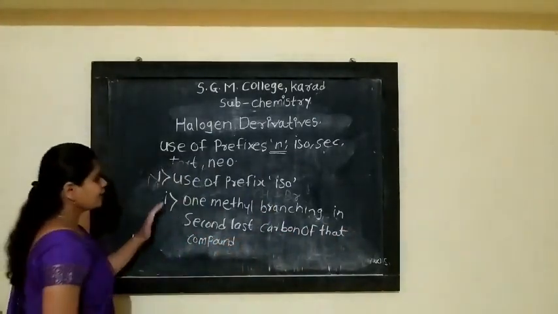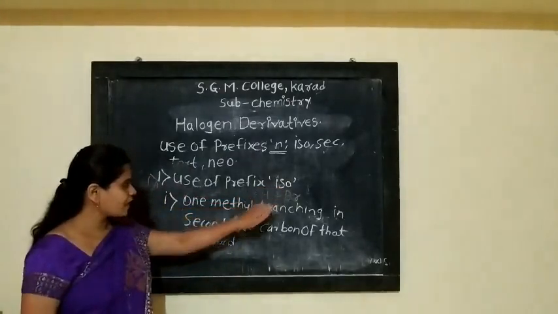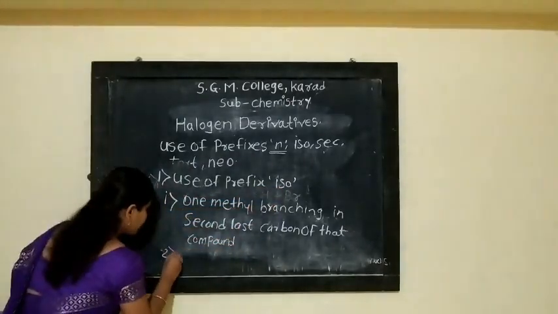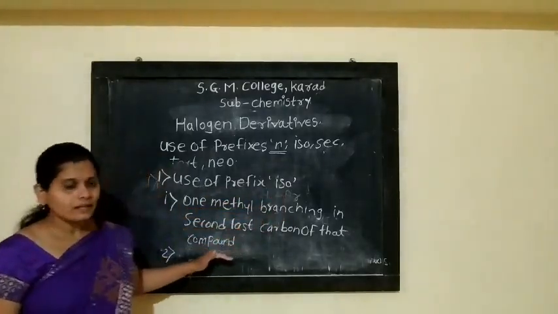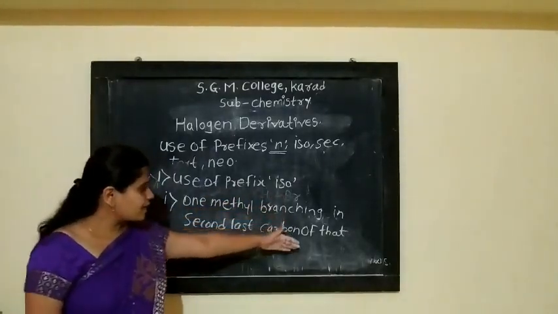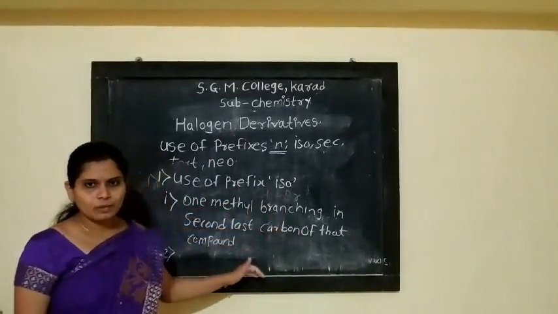And the second condition for the use of prefix iso is that generally we use the prefix iso when the halogen atom is attached to the primary carbon atom of that compound.